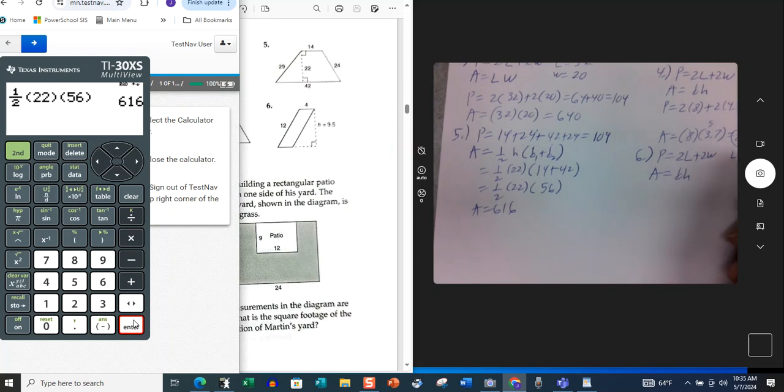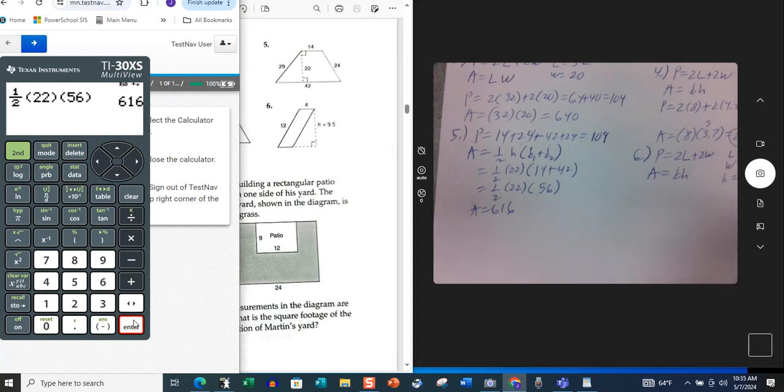So the length here, we could say is 12. The width is 4. And then we could do the height. They gave us the height, which is 9.5. And then our base for our parallelogram would be 12.